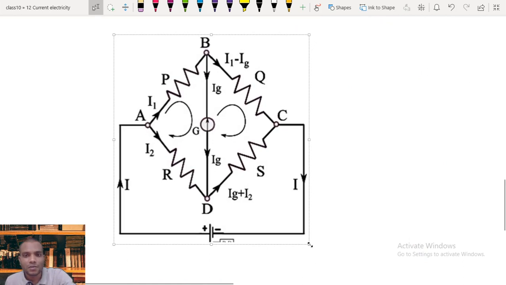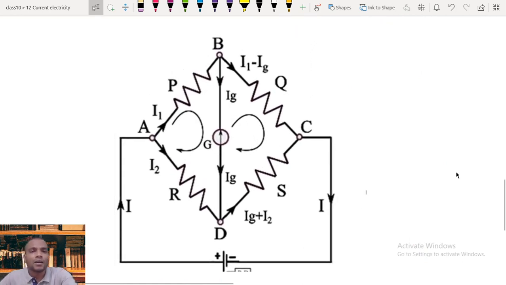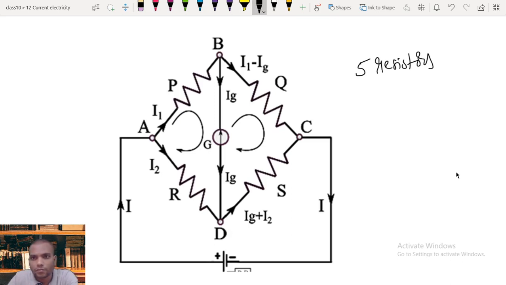So it contains 5 resistances, 4 of them connected in the particular arms, and the 5th resistance we connect across the bridge from B to D, and the EMF we need to apply across the ends A to C. In that, G is the galvanometer resistor.